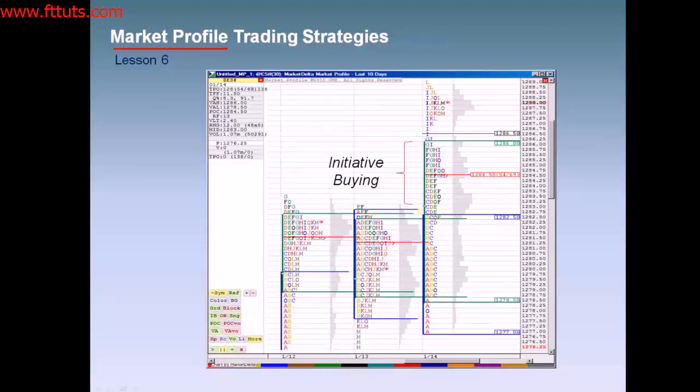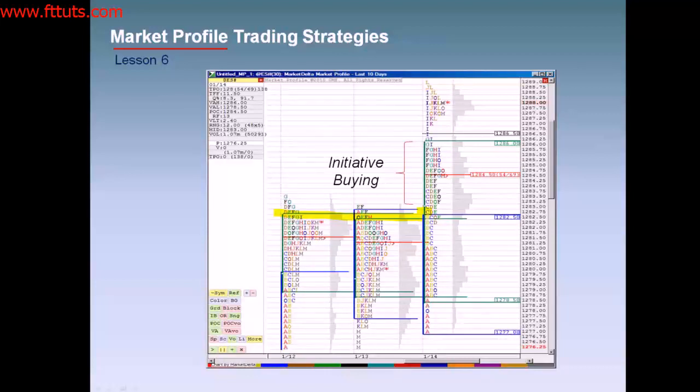And in this case, on the 14th, if we look closely here, we will see that the first print that we got outside the value area of the prior day was really in the B period, if you will. But since the value area of these 2 days are so close, I would look at the C period as the period when we really began to get outside of the top value area of the previous 2 days.